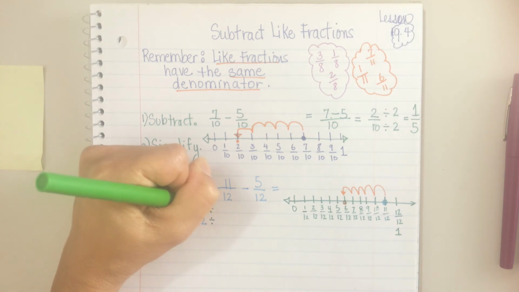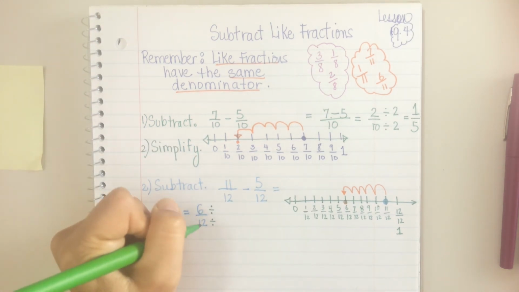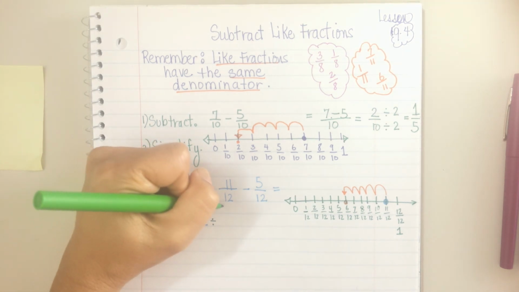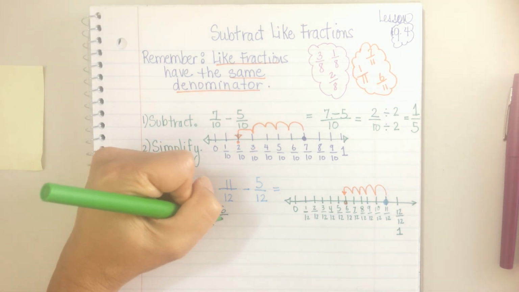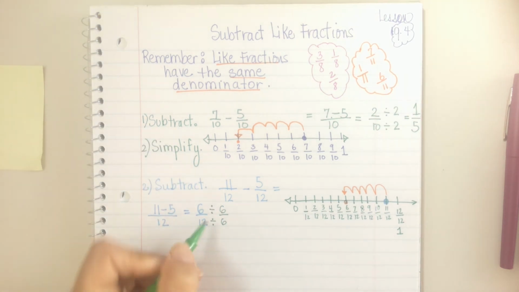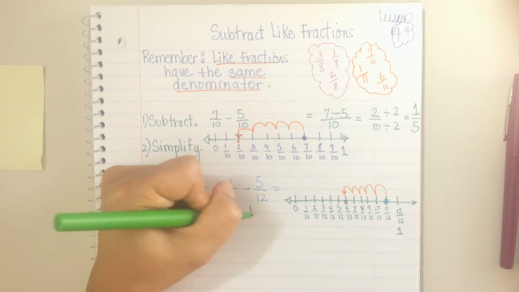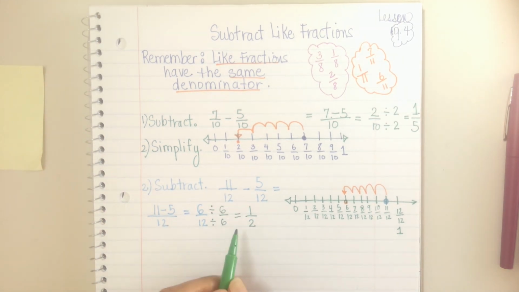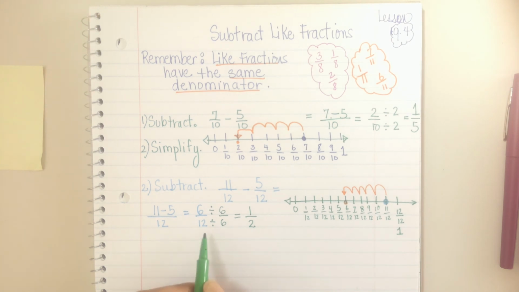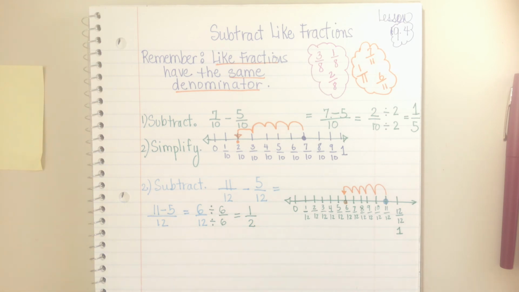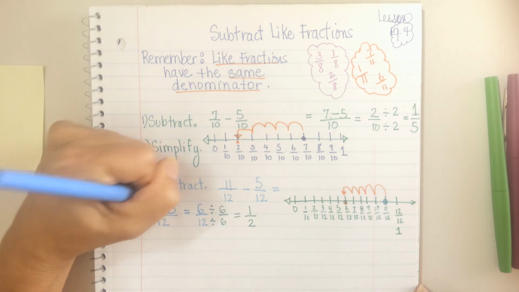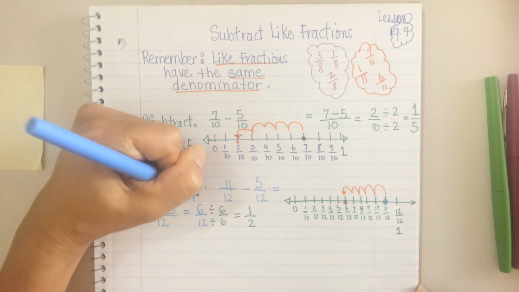Yes, they can both be divided by 2, but they can also be divided by 3. And the greatest common factor that these numbers have in common is 6. So 6 divided by 6 equals 1, and 12 divided by 6 equals 2. Some of you were able to see that 6/12 is equal to the benchmark fraction 1/2. So in this step, I didn't write the word, we simplified. And we got our final answer.